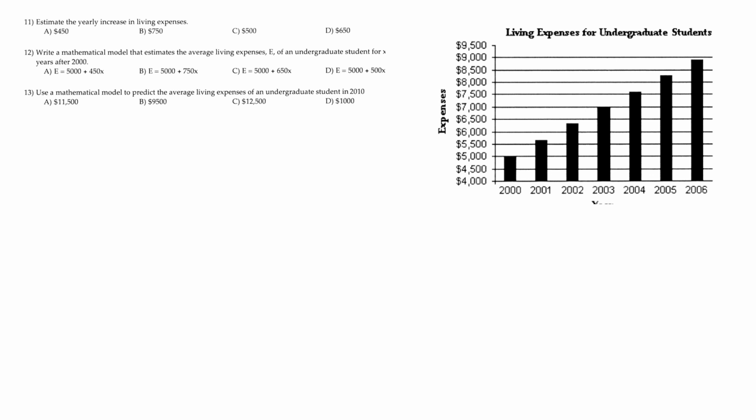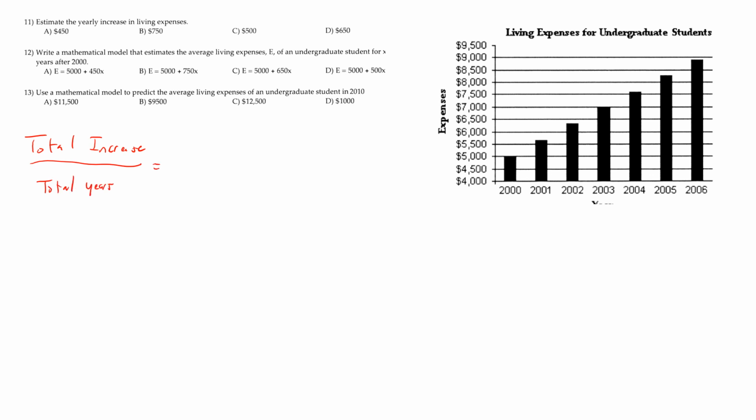How much do they increase per year is what they want us to estimate. So what we do is find the total increase from the start to the finish on the graph, and divide that by the total number of years.